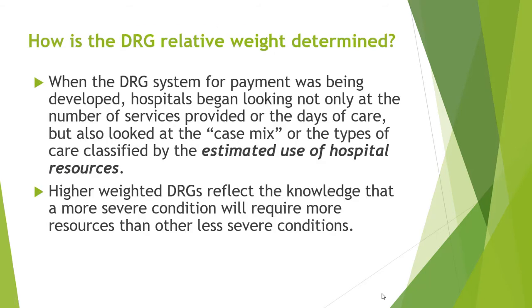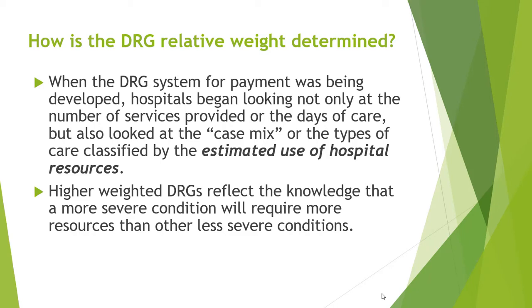So you may ask, how is that DRG relative weight determined? When the DRG system was being developed, hospitals were looking at what services they provided, how many days a patient was in the hospital, and they also looked more closely at the patient's use of hospital resources. Now, not every patient is going to use the same amount of hospital resources, but it's not unusual for every patient with the same diagnosis to use similar hospital resources.